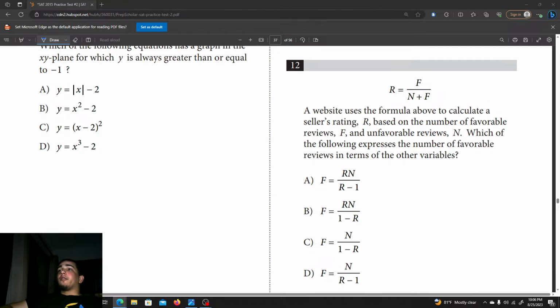If you're new to the live, we're working on number 12 right now. Try it on your own and tell me what you get. We will go over it as soon as I get an answer in the chat.